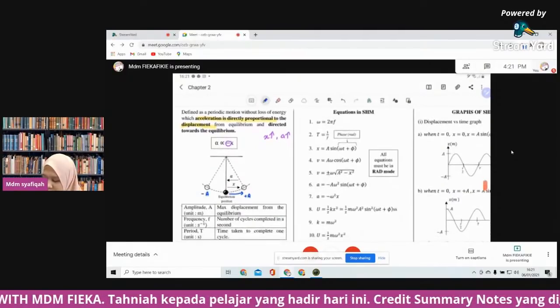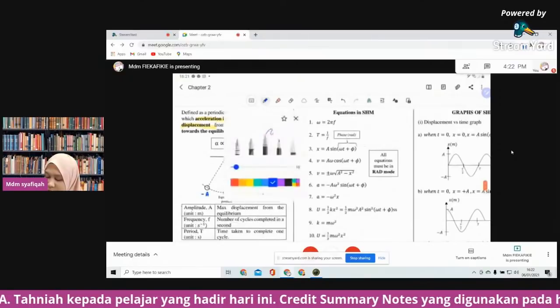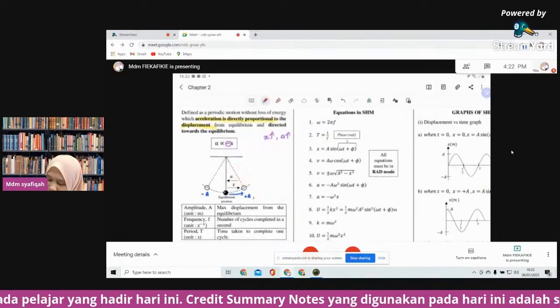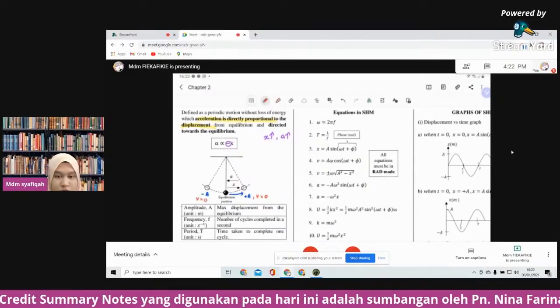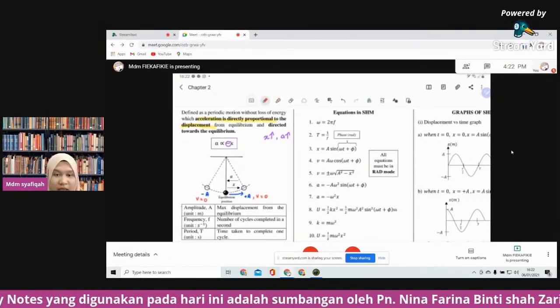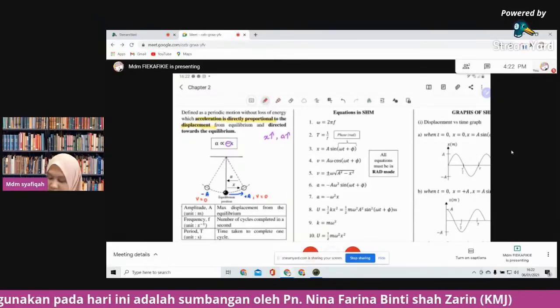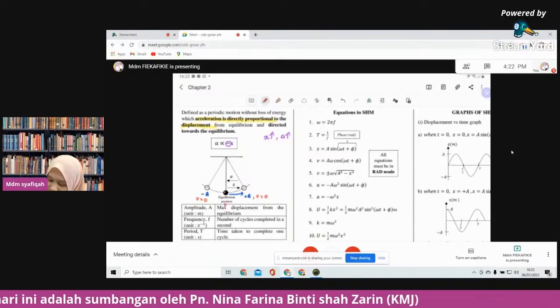So here, at maximum displacement, v is equal to 0. Same goes to this one. But at the equilibrium position, v here is maximum.